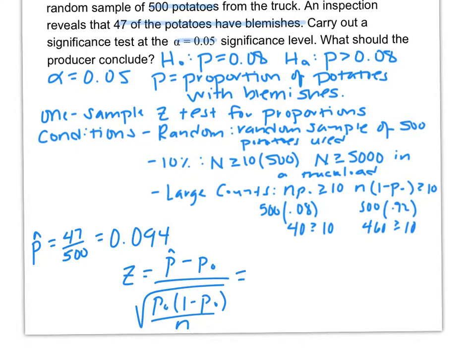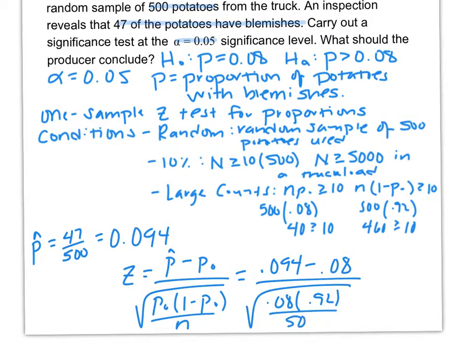I'm going to plug in 0.094 minus 0.08 over the square root of 0.08 times 0.92 over 500. And I'm going to do this calculation. All right, so this gives me a z-score of 1.15.